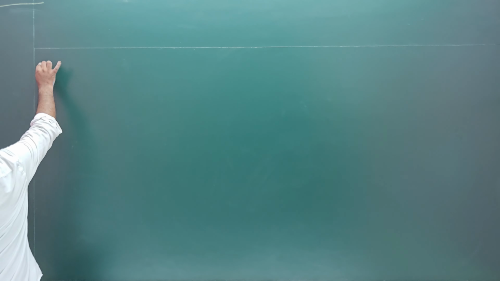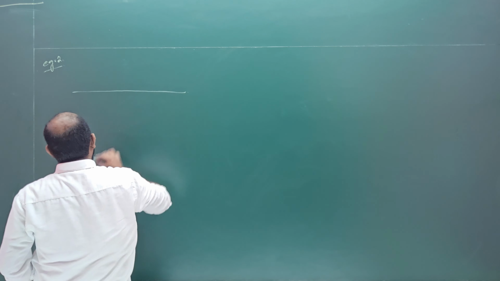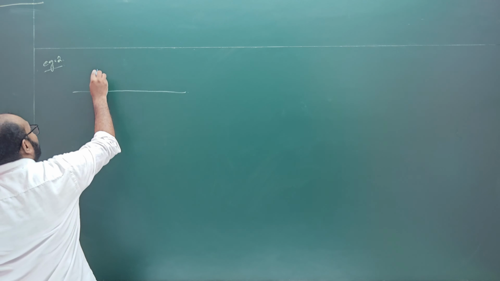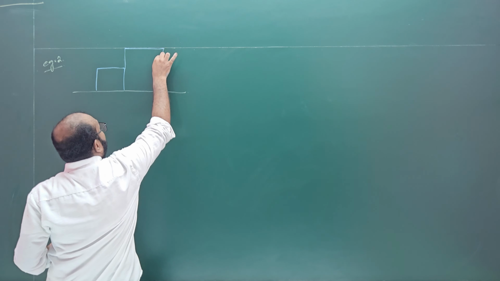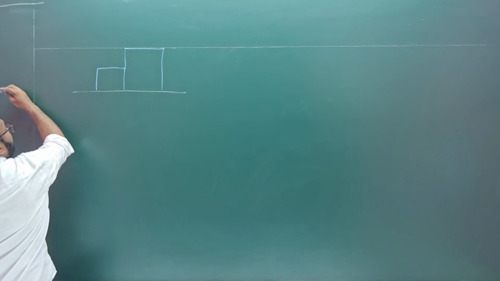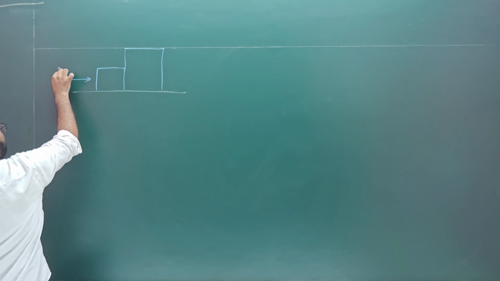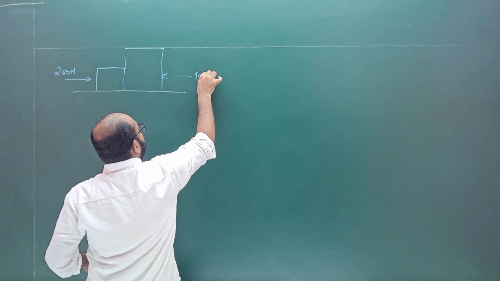Now try this example number 2. Consider here is a system and two bodies again kept over here. One is over here. The second body is in contact with the first body. This is the second body, and let's say from here 200 Newton of force is applied, and from here 100 Newton of force is applied.